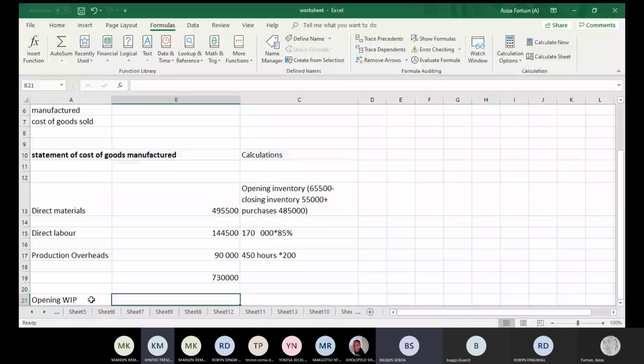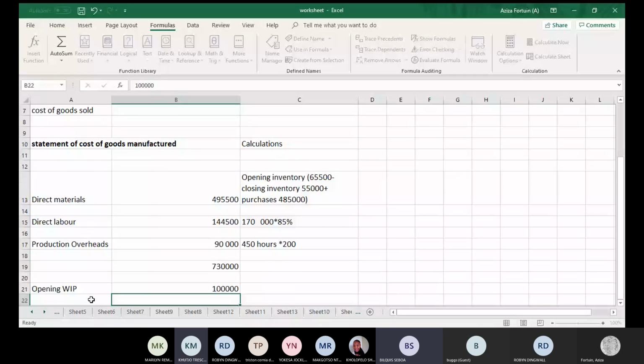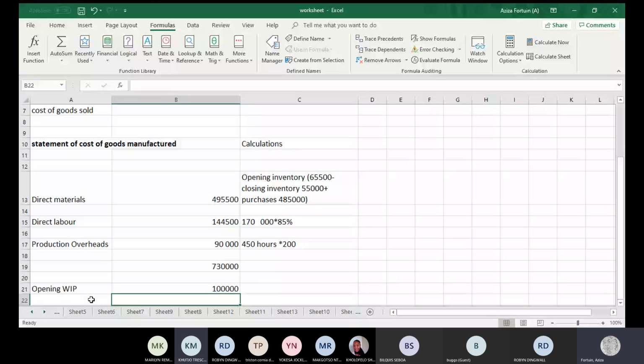And what is our closing WIP? During the month, 100,000 units were completed and transferred to finished goods. At the end of June, the closing work in process was 30,000.